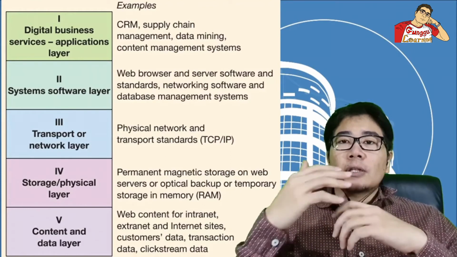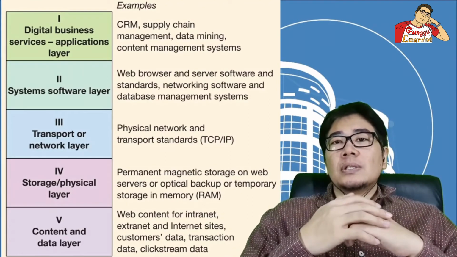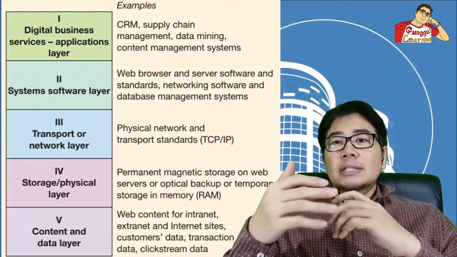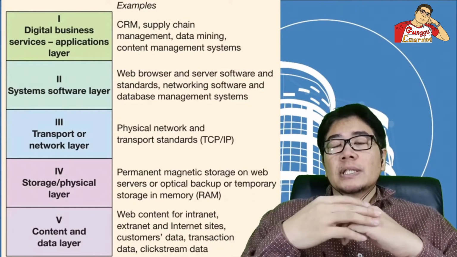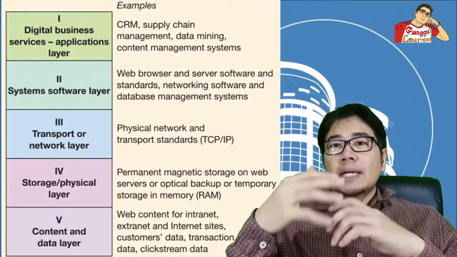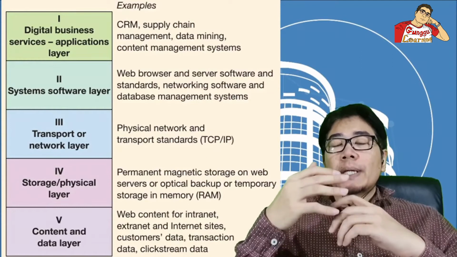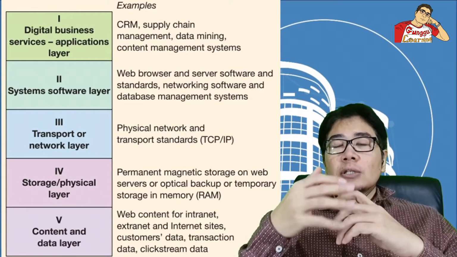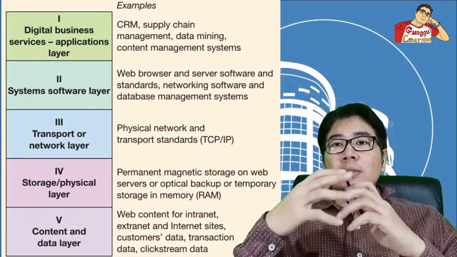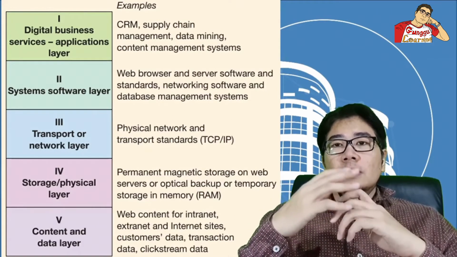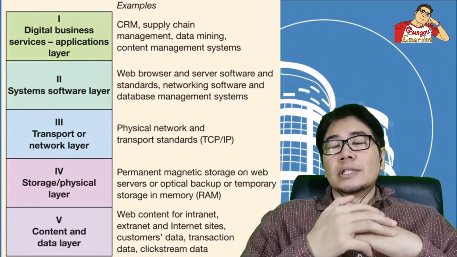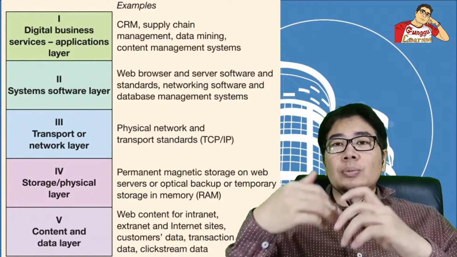The first layer is the digital business services, which is provided to the customers. The fifth layer represents managerial issues on how management captures, creates, and manages data and content. The fourth, third, and second layers represent managerial issues on how management is able to process the previously captured or created data.